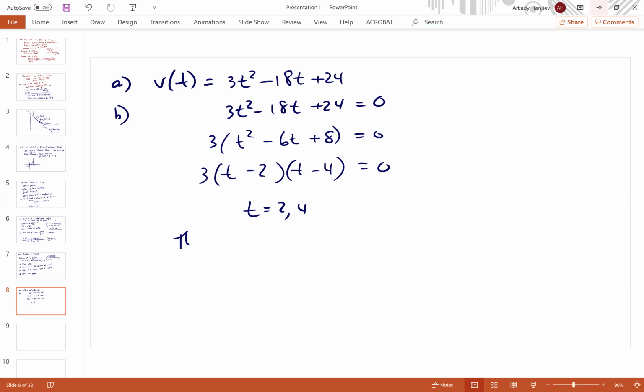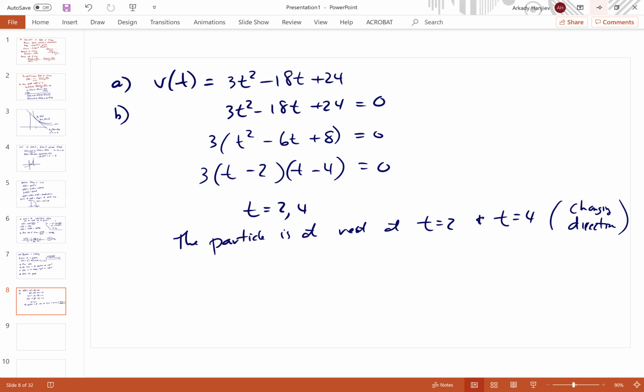So the particle is at rest at t is equal to 2 and t is equal to 4. I know it says rest, the particle is at rest, but really we should think about it as changing direction.